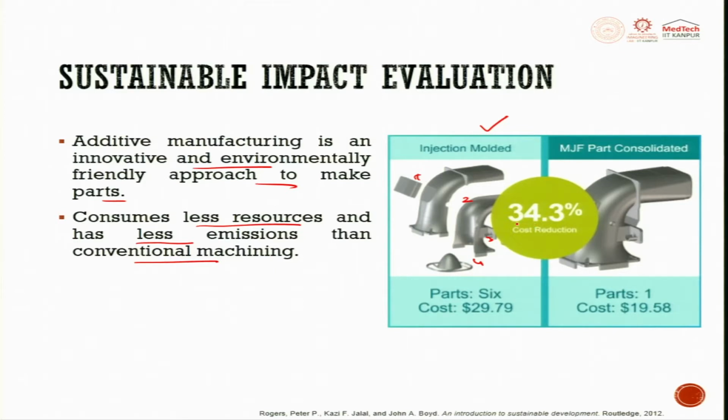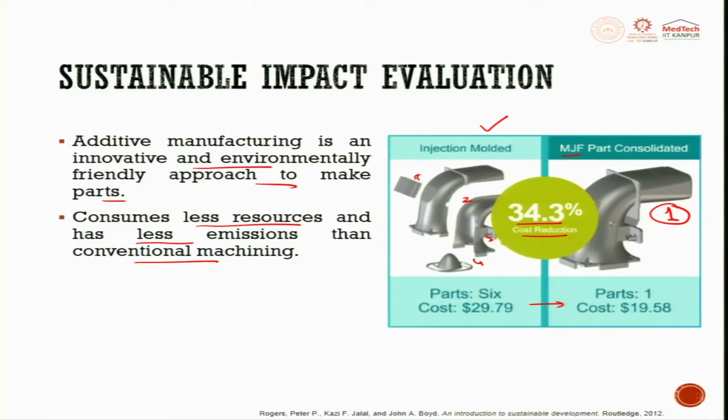It had 34.3% cost reduction. This is an example taken from the reference. So, the part cost is reduced, and using the multi-jet fusion part consolidation process, a single part is produced. So, this is the benefit, or this is the advantage of additive manufacturing.